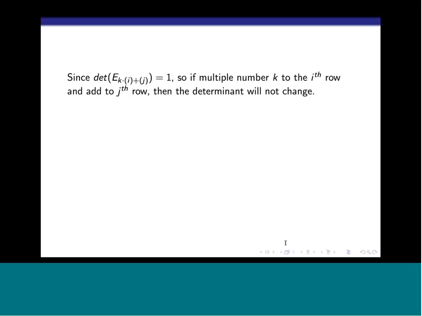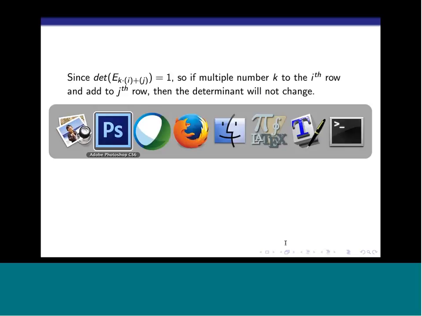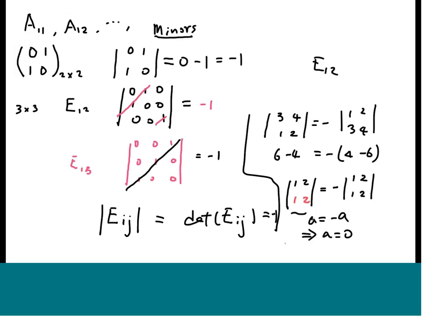Next one is about E, k times the ith row, then plus to the j. That one has determinant 1, because it's an upper triangular matrix. I didn't really talk about it. Say you have 1, 1, 1, 0 before, then you add; for example, this is E13.